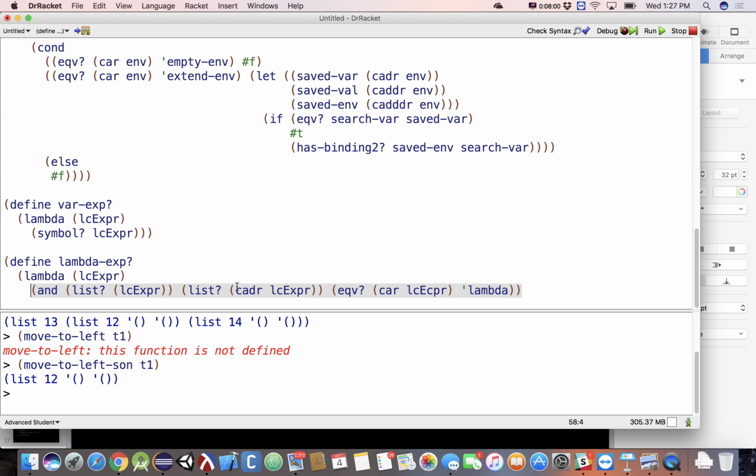I think I can and all these things together in a single and. So here's the first part of my and, second part of my and, third part of my and. The car of the thing is a lambda. What else do I need to know?